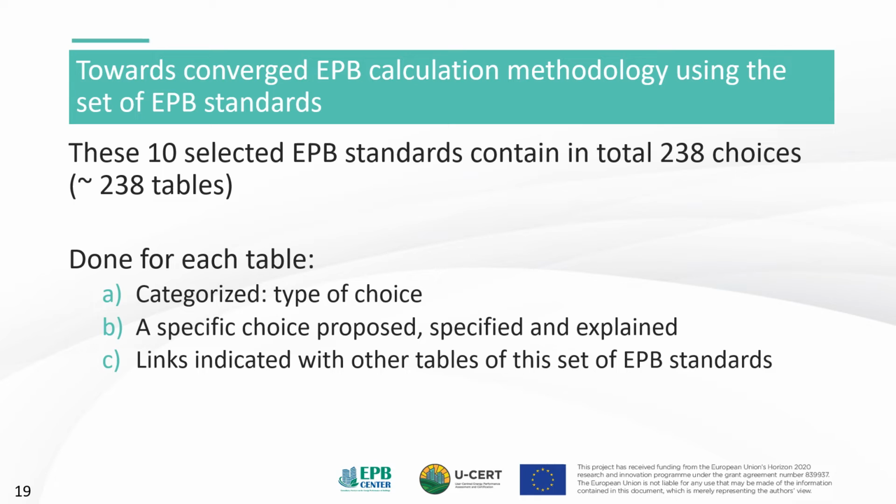So the choice is also specified and explained, and we also indicated links with other tables in the set of EPB standards, because in many cases a choice in one of the tables has an impact on the choice in another standard or another table in the same standard, so the total set of choices should be consistent.